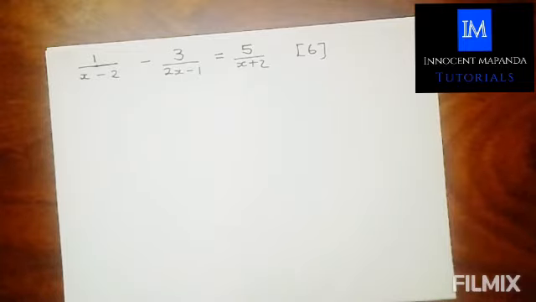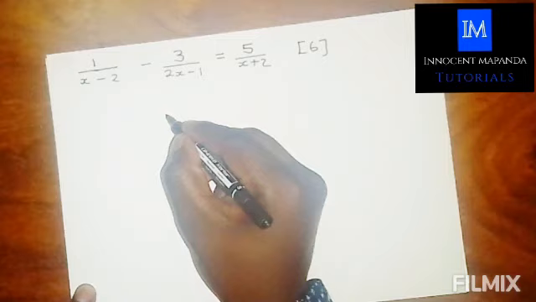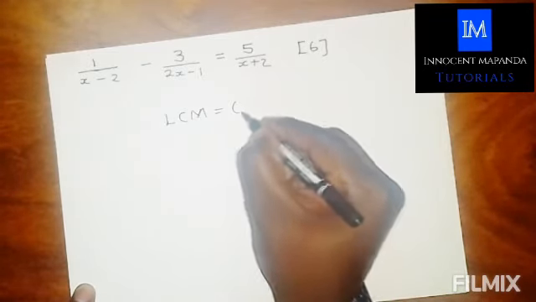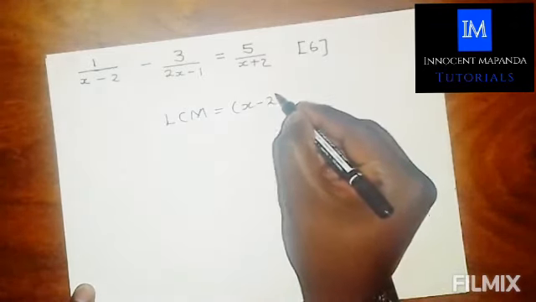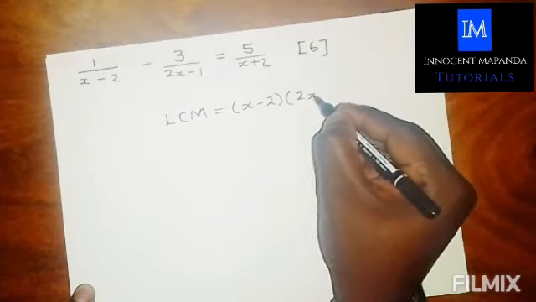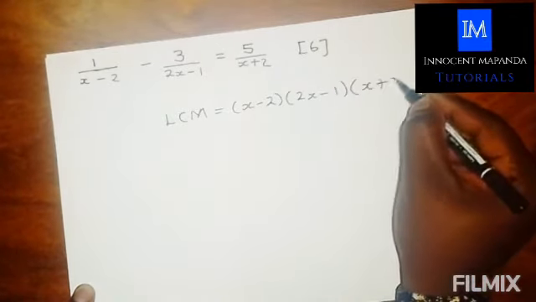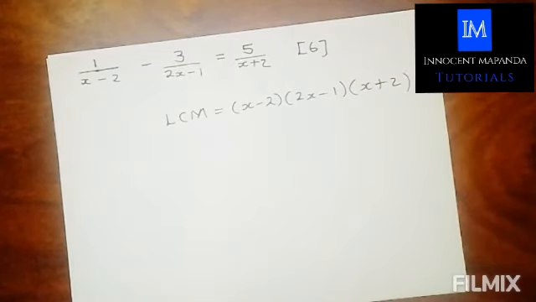So LCM is equal to x minus 2 times 2x minus 1 times x plus 2. So we are going to multiply all the denominators in order to identify the LCM.